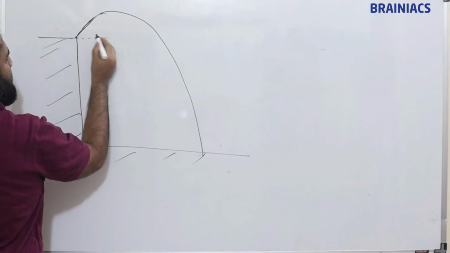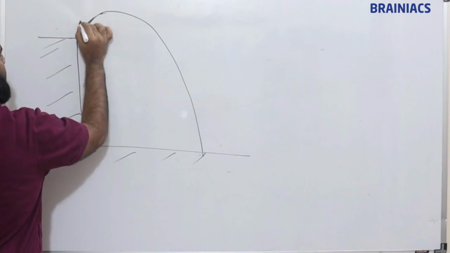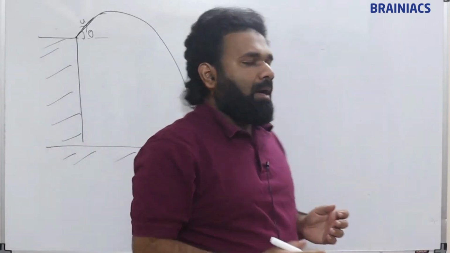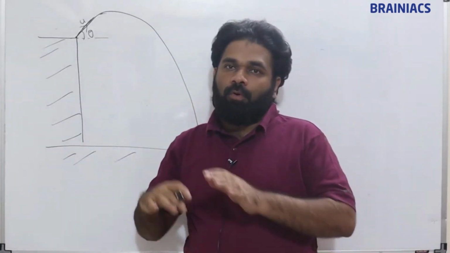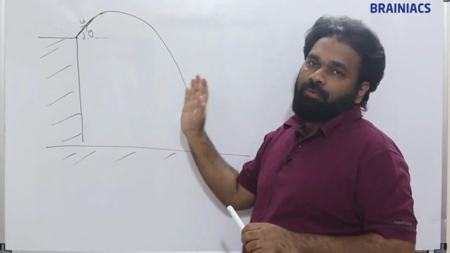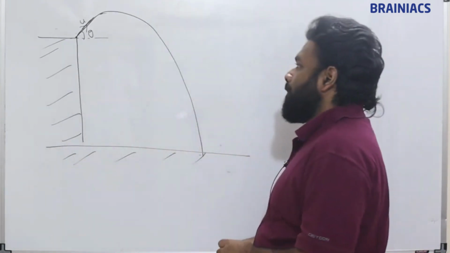If we draw a straight line here, we can write theta, and this is projected with an initial velocity u. So the way we approached that projectile, in the same way we can approach this also. The same approach we can do here also, right?